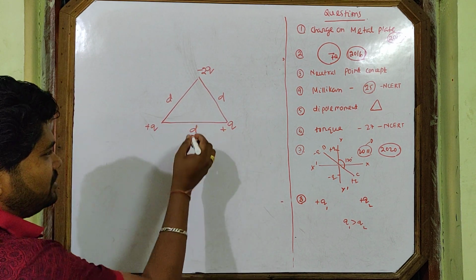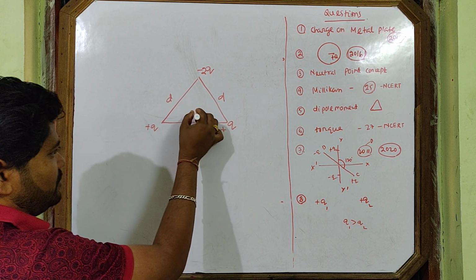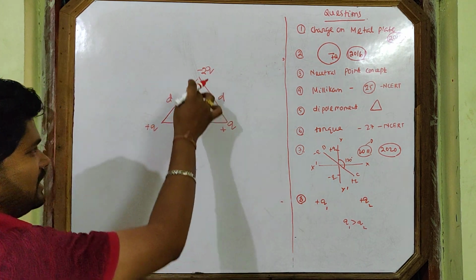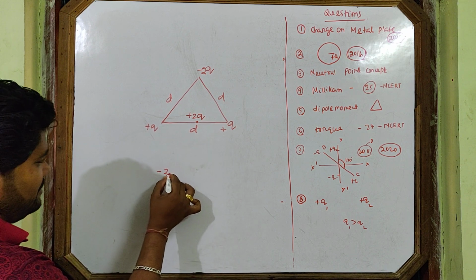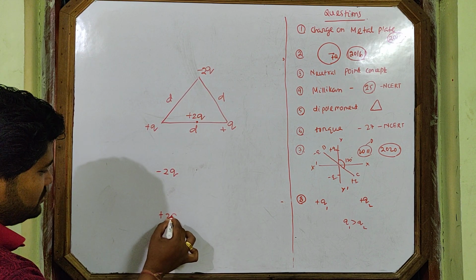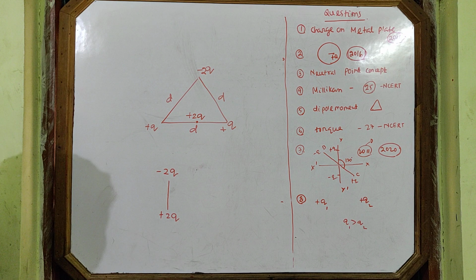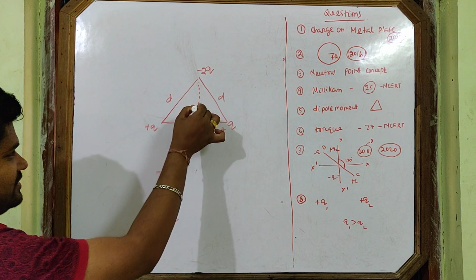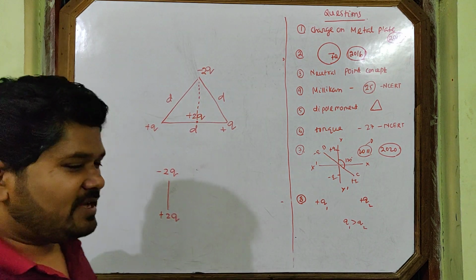Plus Q, the equivalent. I have told you the center of the plus 2Q lies here at the middle. So now this dipole converts into minus 2Q, plus 2Q. This is the separation. And this is d, and what is this now? This is nothing but the median.